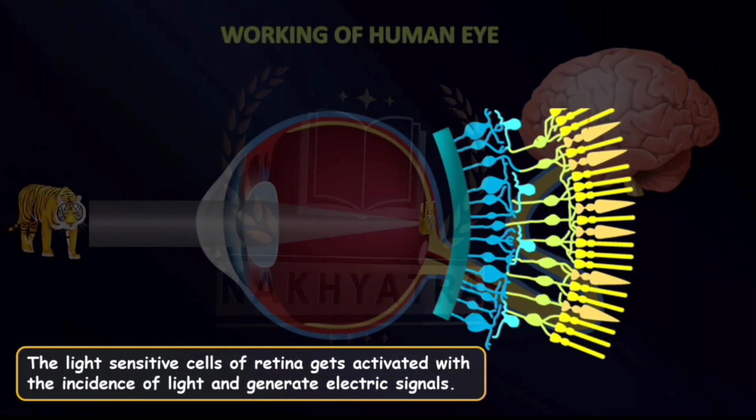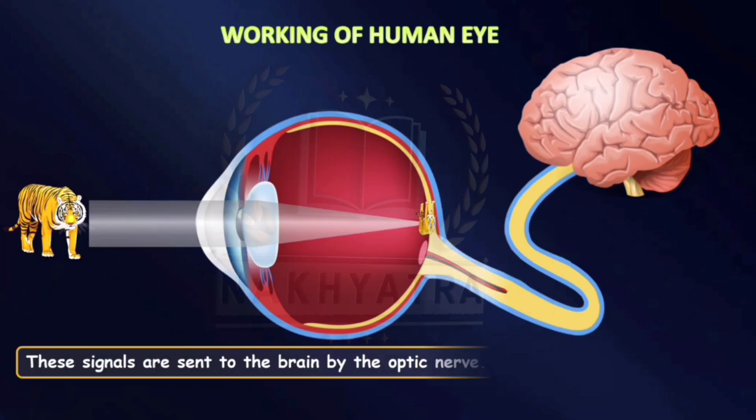Now the light sensitive cells of retina get activated with the incidence of light and generate electric signals. These signals are sent to the brain by the optic nerve.